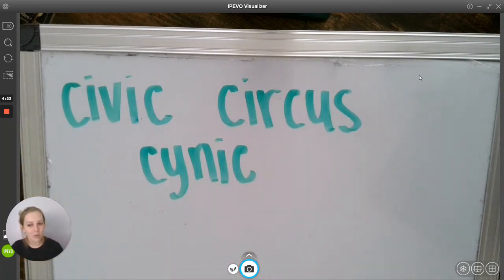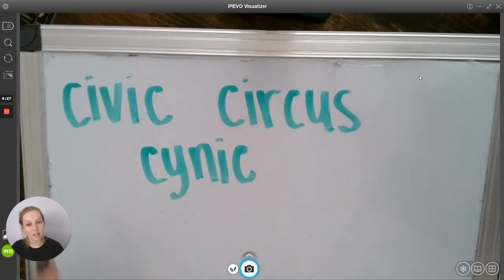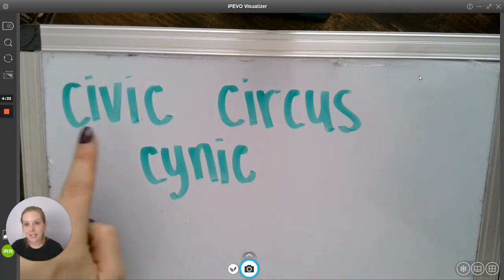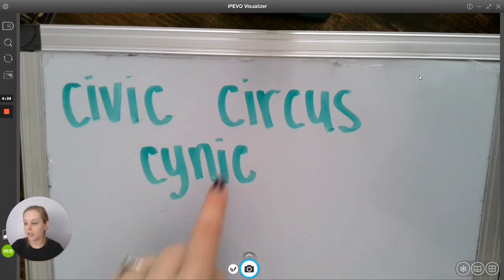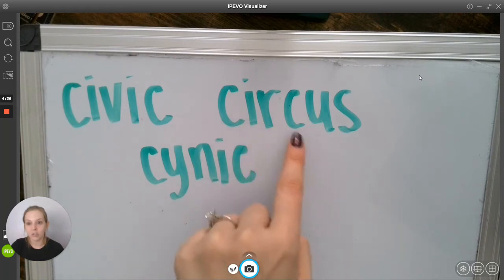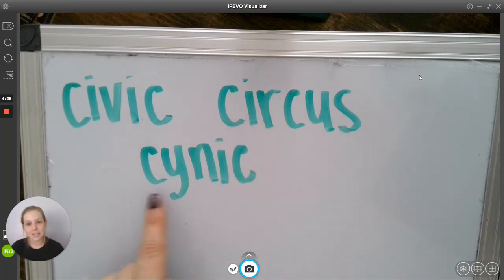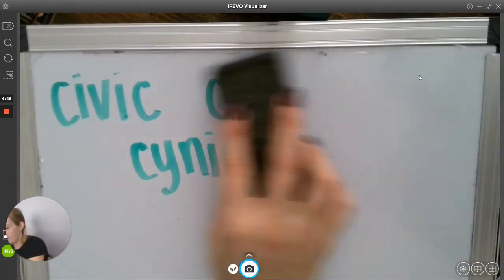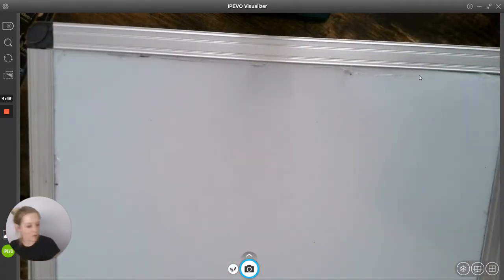What kind of sounds are the C's making? They make soft sounds and hard sounds. So we have civic, circus, cynic. So these ones have both a hard C and a soft C. All right, moving right along.